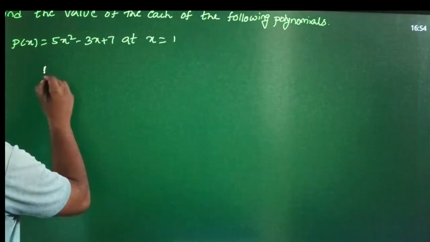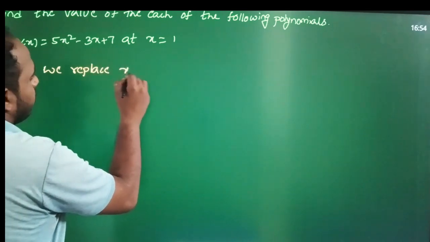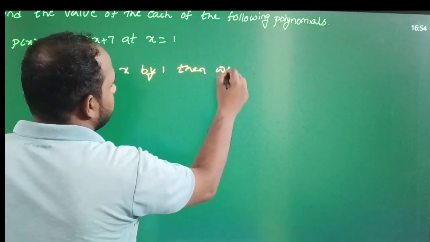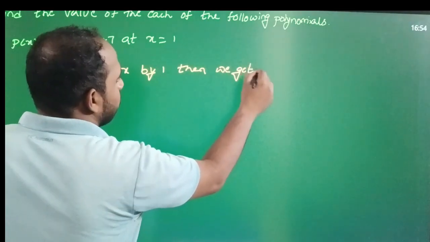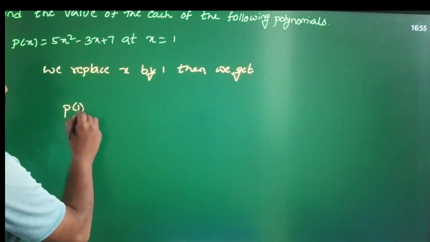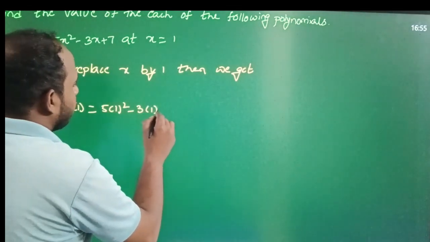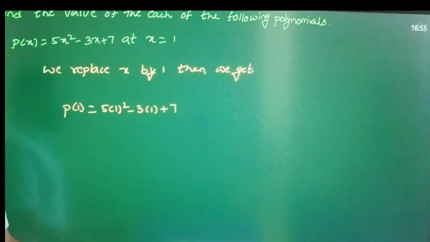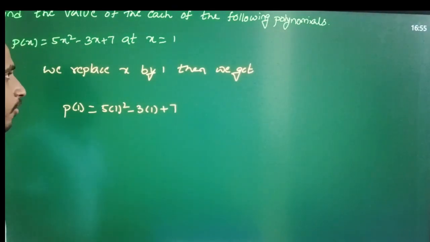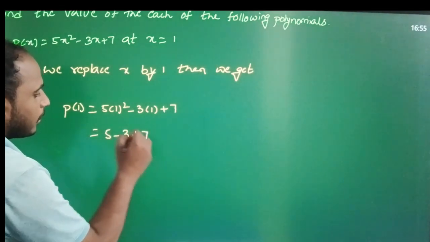We replace x by 1. Then we get p of 1 equals 5 into 1 square minus 3 into 1 plus 7. Here 5 into 1 square, 1 square value is 1. So 5 into 1 is 5. 5 minus 3 plus 7.